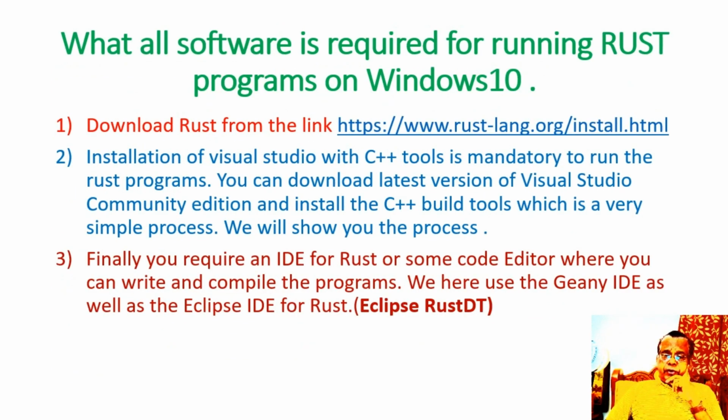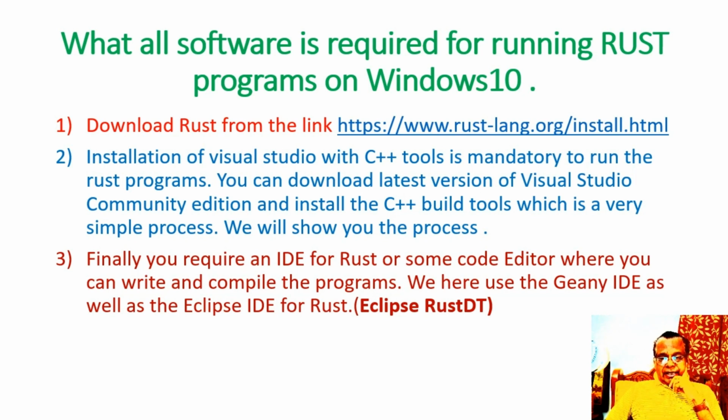What software is required for running Rust programs on Windows 10? We are using Windows 10, and so we are now discussing the software required for running Rust programs on Windows 10. There are three software needed. One, download Rust from the link https://www.rust-lang.org/install.html. This we already discussed.